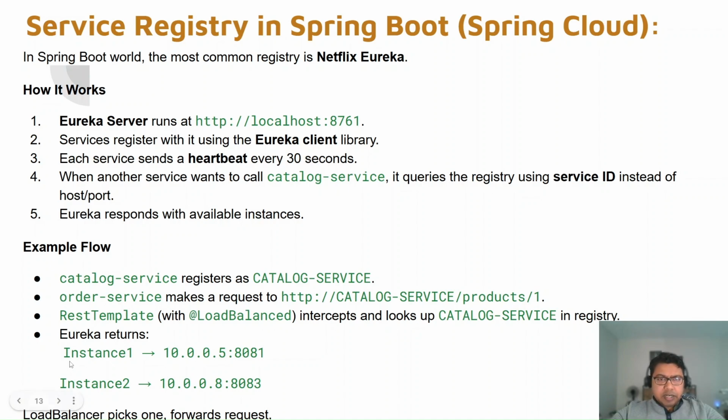Eureka returns, say, we have two instances running for the catalog service: one at 10.0.0.5 and the second at 10.0.0.8, on ports 8081 and 8083. When order service calls Eureka, Eureka returns these two instances, and then whatever load balancing we want to write inside the calling service, it will pick one instance and invoke the catalog service.